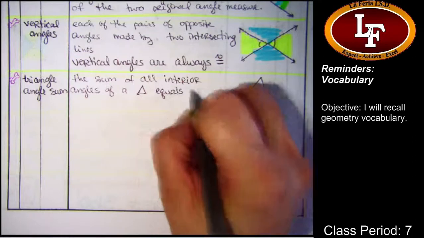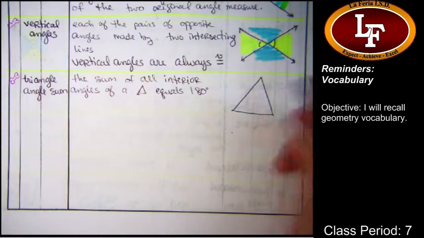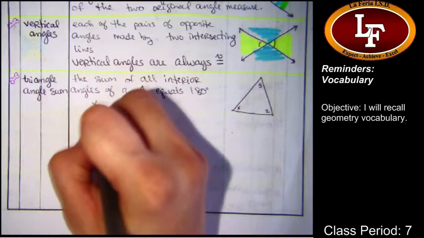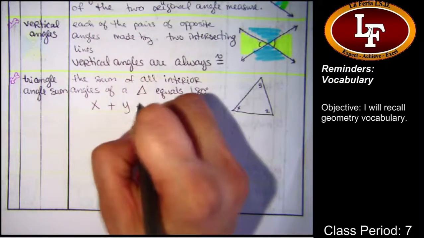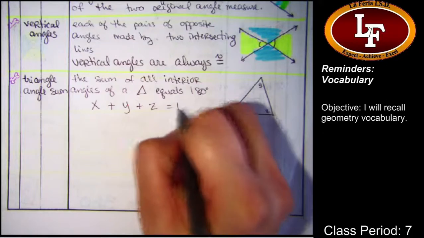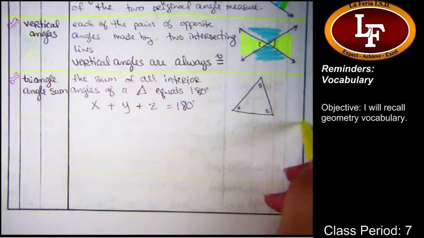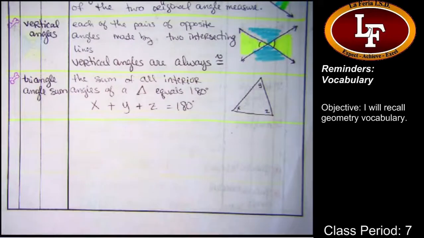Equals 180 degrees. So here's my little triangle with my angle measures. They don't have to be those particular variables. Those variables are just placeholders. They can be anything, right? They can be numbers. They can be other variables.